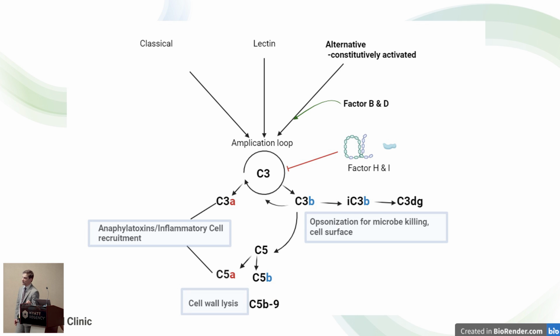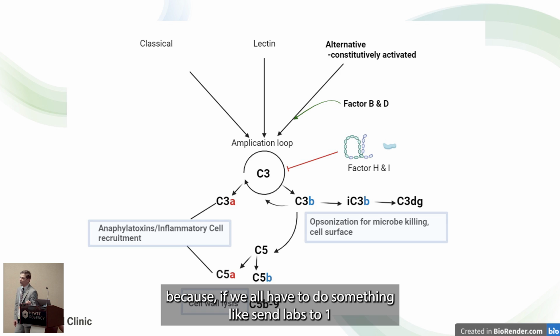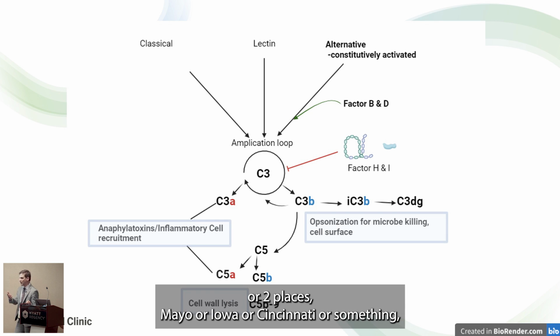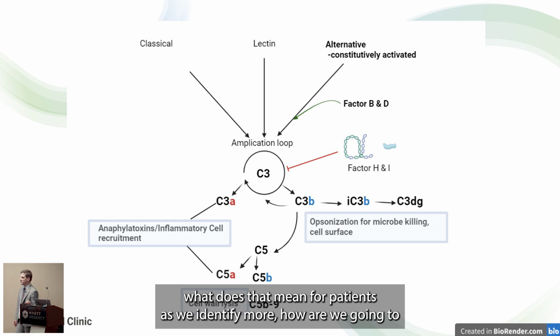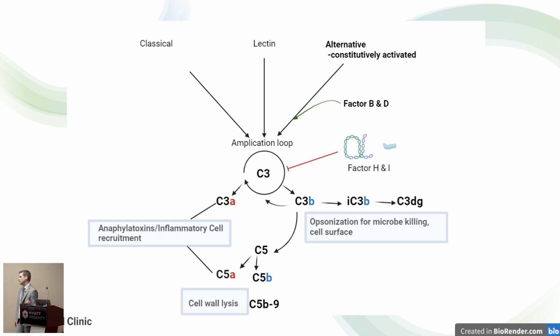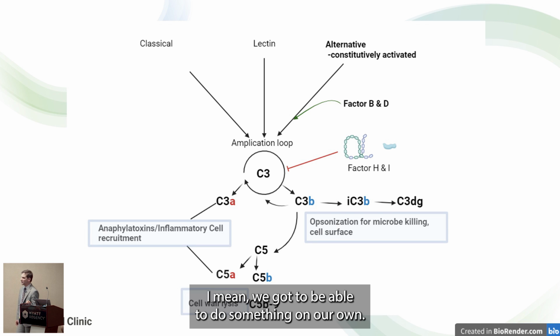But the implication of that is pretty significant too, because if we all have to send labs to 1 or 2 places, Mayo or Iowa or Cincinnati or something, what does that mean for patients as we identify more? We can't just all send blood to Iowa. I mean, we've got to be able to do something on our own.